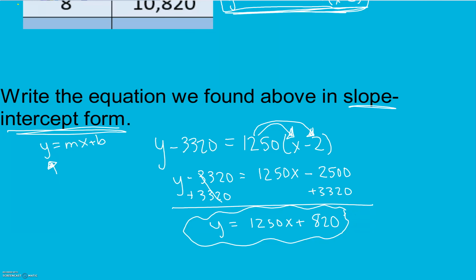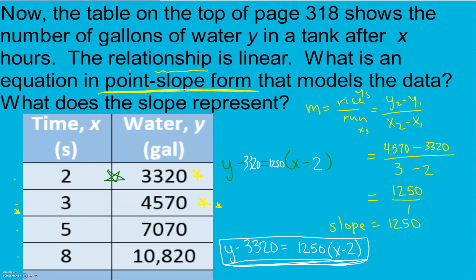One thing I forgot up here was to say, what does the slope represent? The slope right here represents how many gallons per time. So it means that every second the gallons increase by 1250, which is a lot.